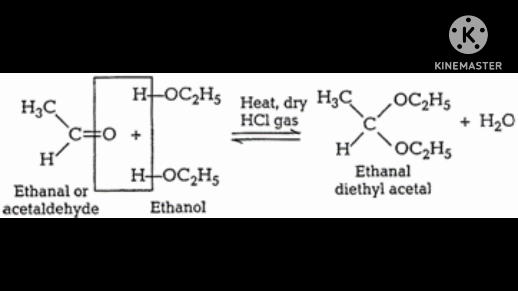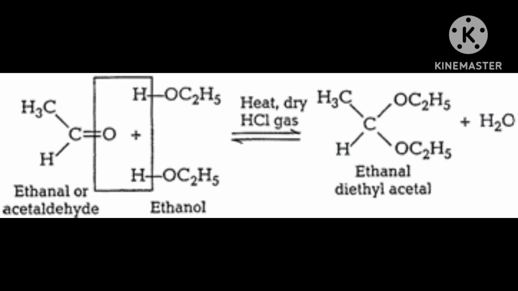One oxygen will come out, both C-O bonds will break, and the oxygen will be free with two pairs of electrons, because one bond means one pair, two bonds means two pairs of electrons are available on oxygen.